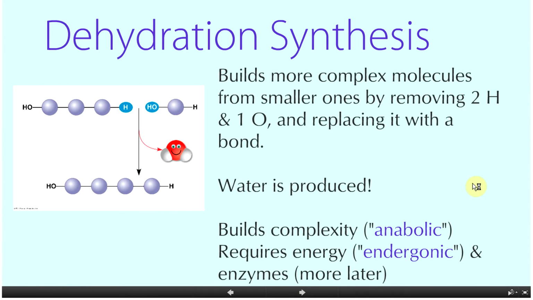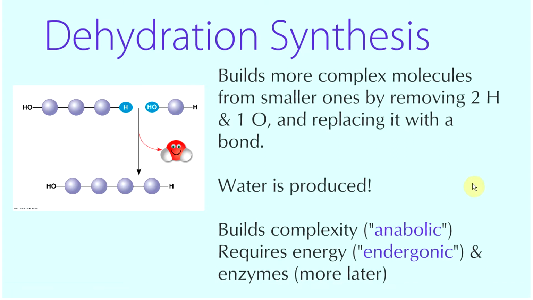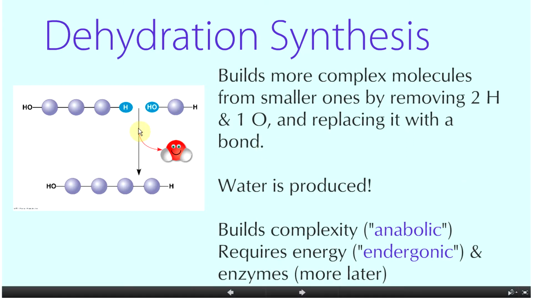The process of actually creating a polymer is called dehydration synthesis. If you'll take a look at the picture, they show two molecules that are being added together to create a larger molecule. Since these guys are smaller, we'll call them monomers, but this one right here, I'm not sure that would be considered a true monomer since it has 3 units.